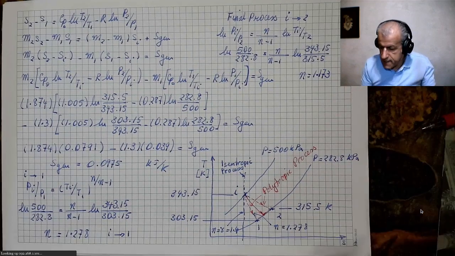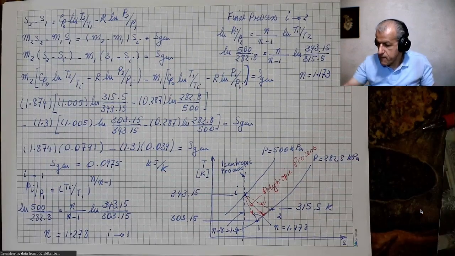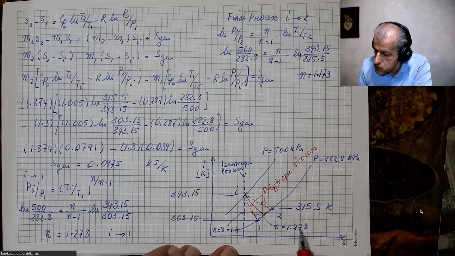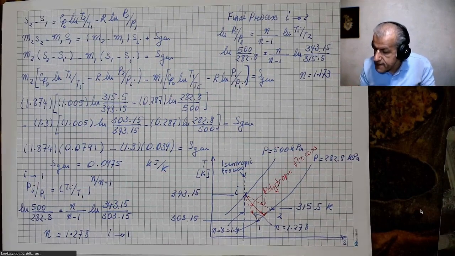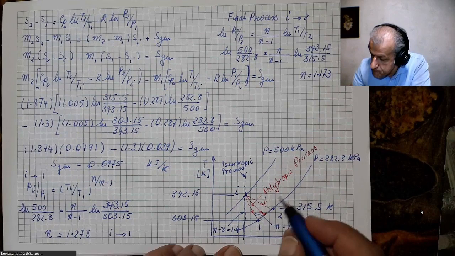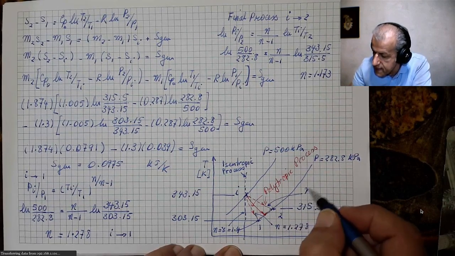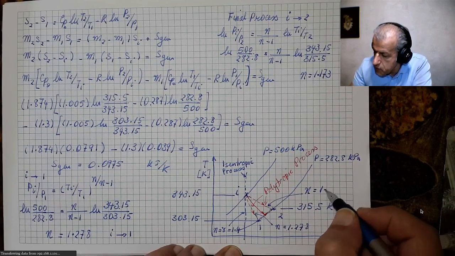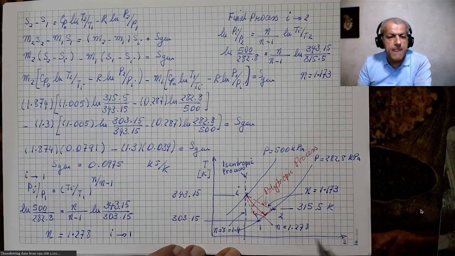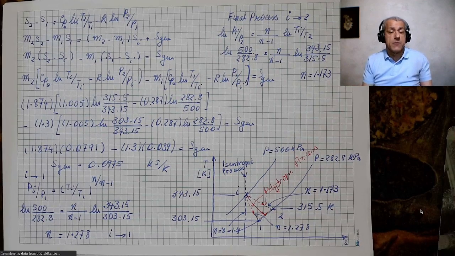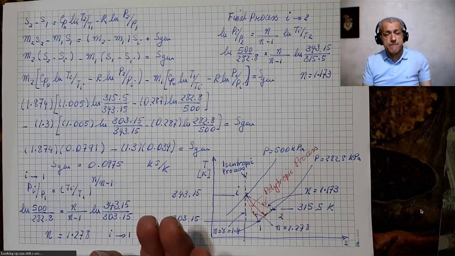You see, this process had n equals 1.278, and this process, which is another polytropic process, has n equals 1.173, which is even farther away from an isentropic process.